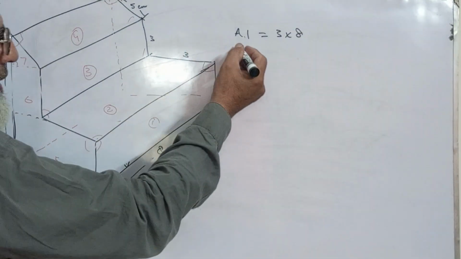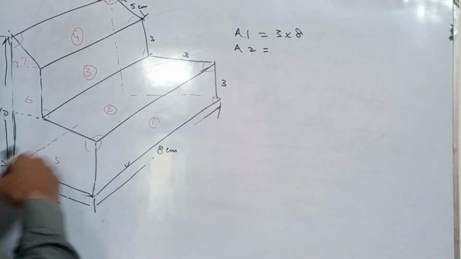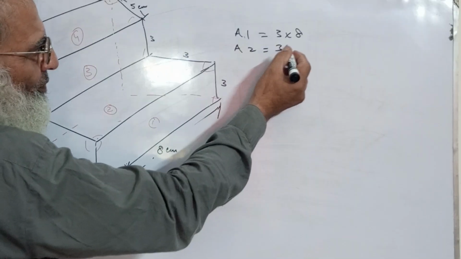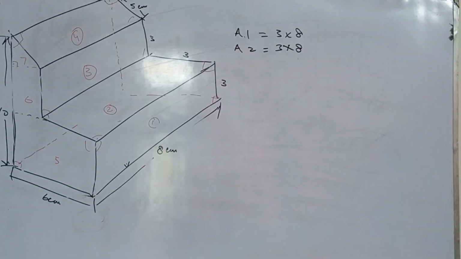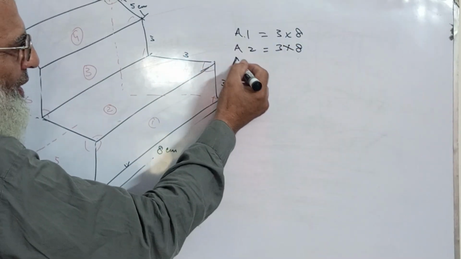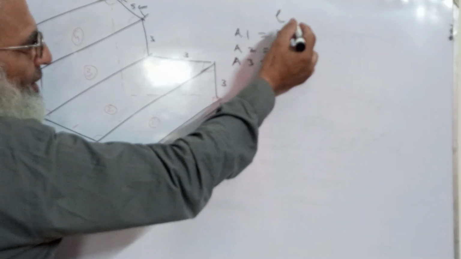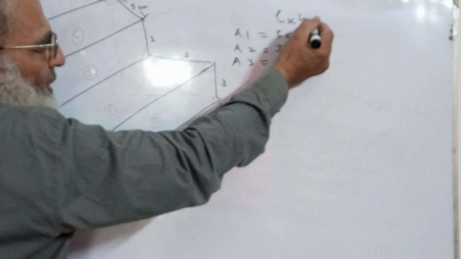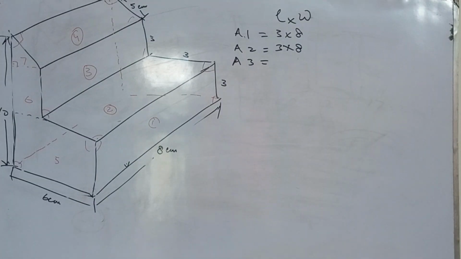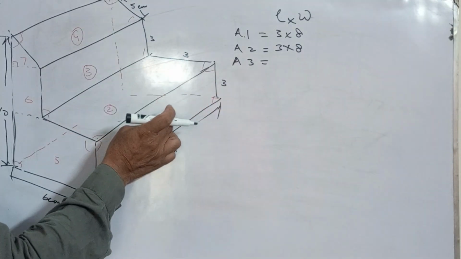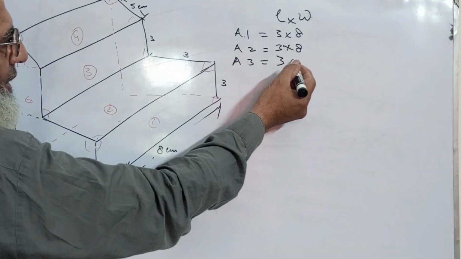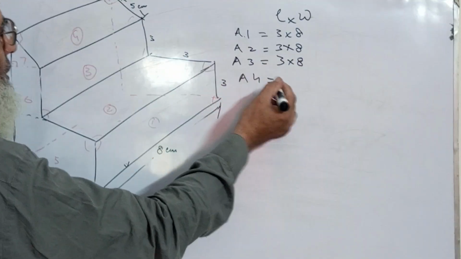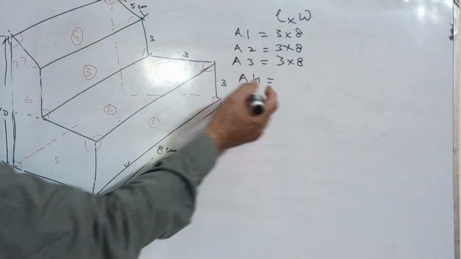A2 is 3 multiplied by 8 again. Rectangle 3. These are areas: length into breadth, or length into width. In your book it is width. 1, 2 and 3 is 3, 8 again. Fourth, A4 is equal to 5 multiplied by 8.